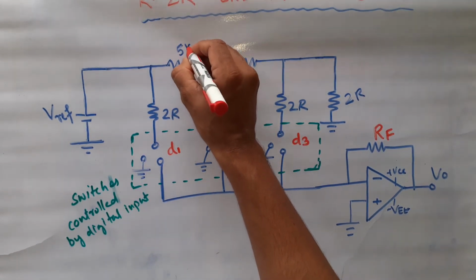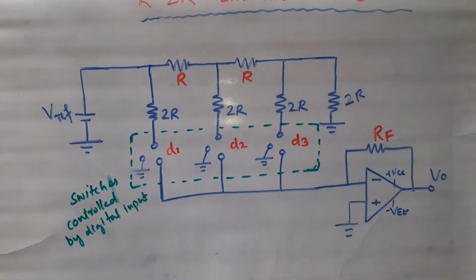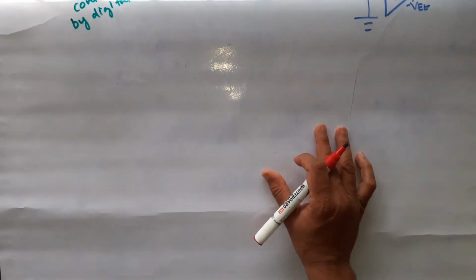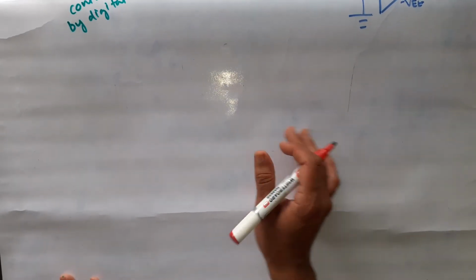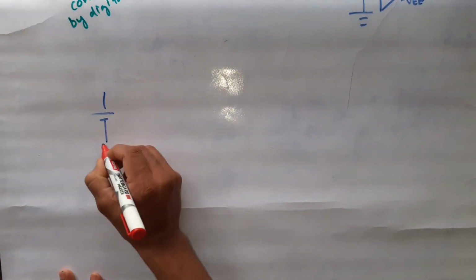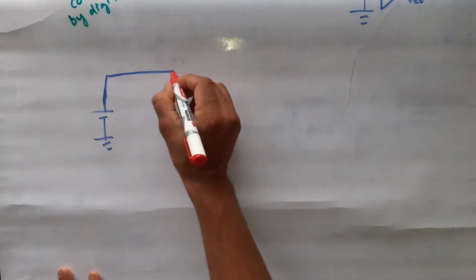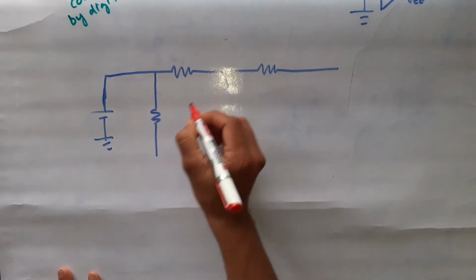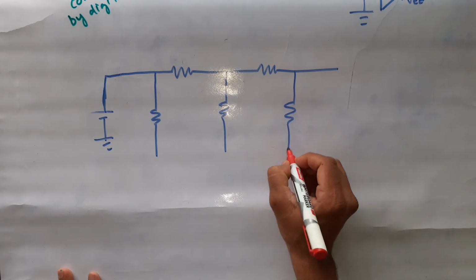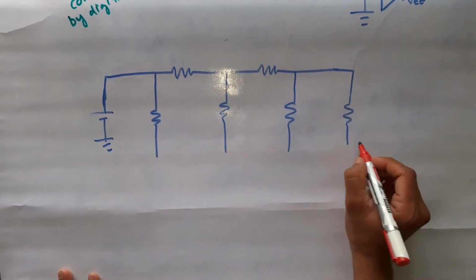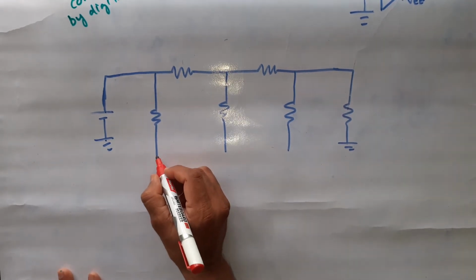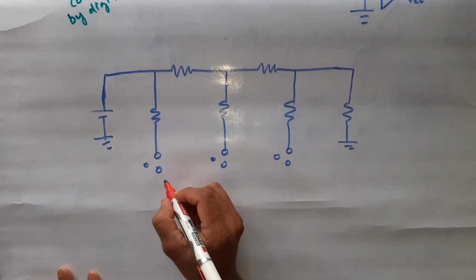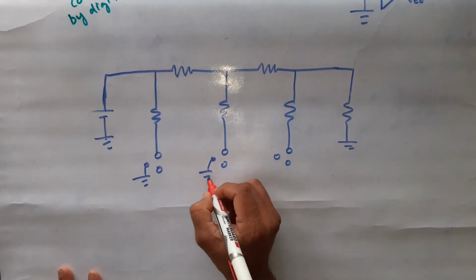If this is of 5k, I will draw another circuit for that. This is your ground.